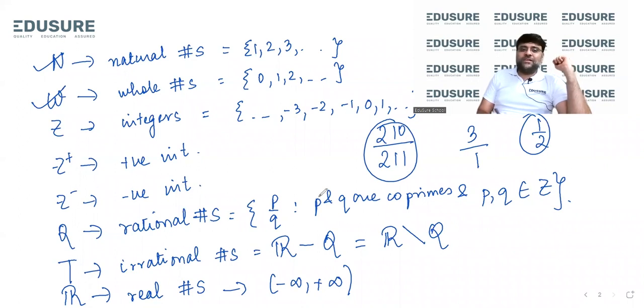All of these are subsets of rational numbers. This is R except Q. R minus Q is also acceptable. We will come into the definition of minus. Minus basically means remove Q elements from R.